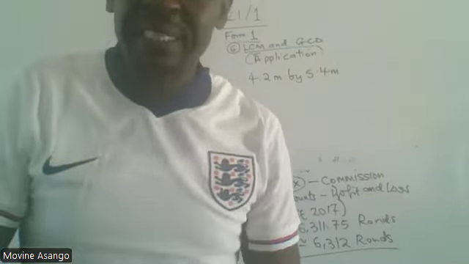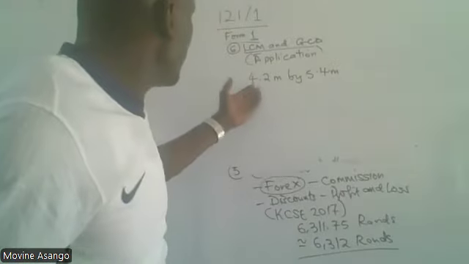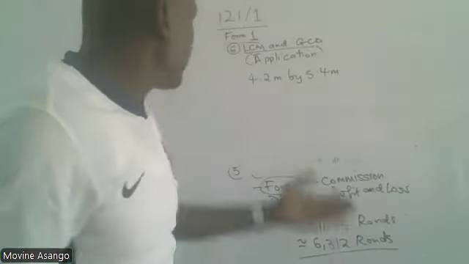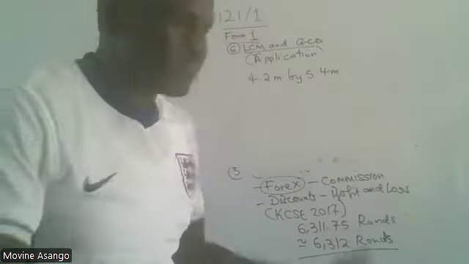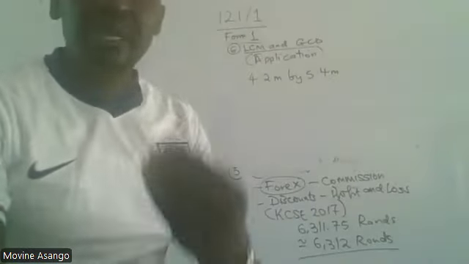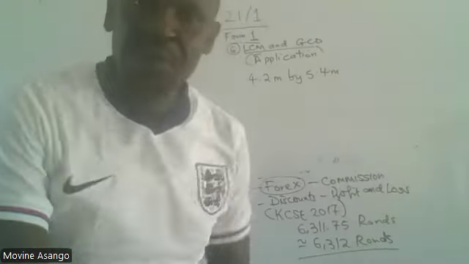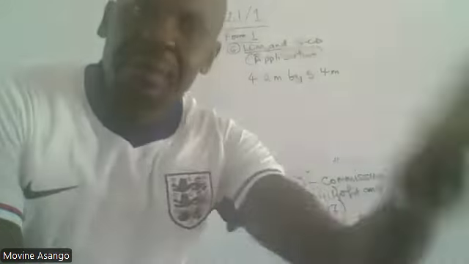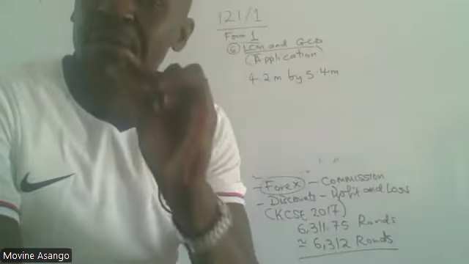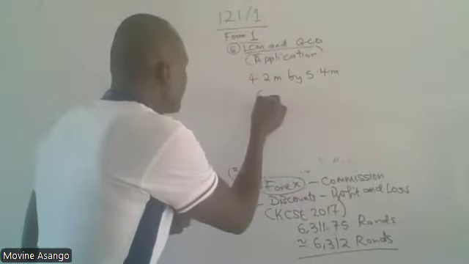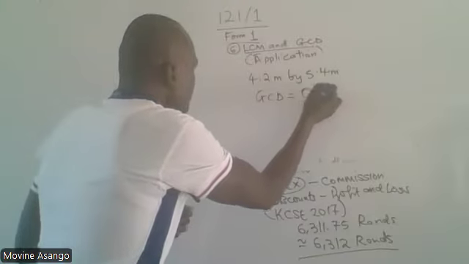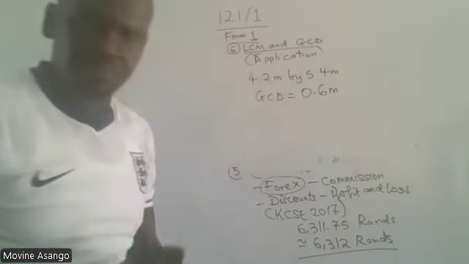But we expected the candidates to simply remove the decimals by multiplying by 10. Then you get the GCD of 42 and 54, which is 6. Then divide it back by 10, you get 0.6. So in that case, the GCD was 0.6 meters.